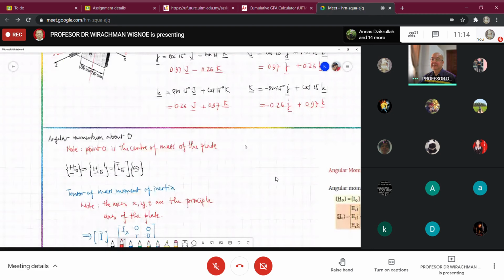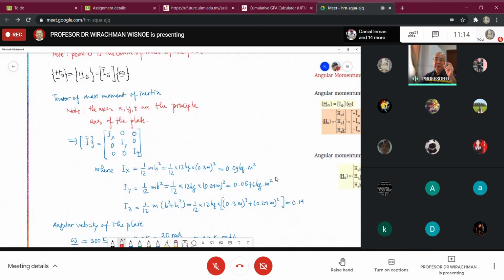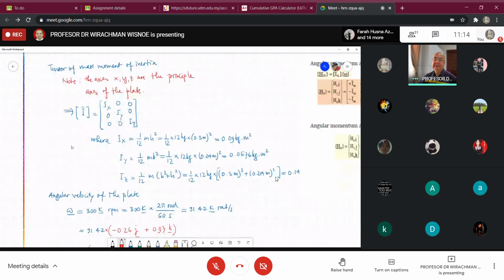So this is the moment of inertia with respect to the principal axis of the plate, if the body is symmetrical.